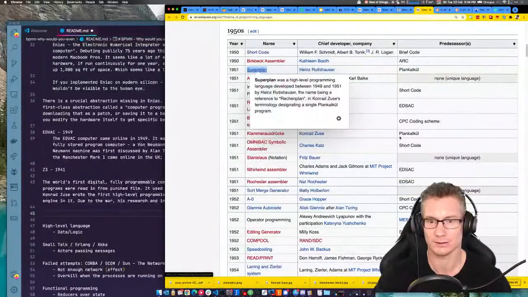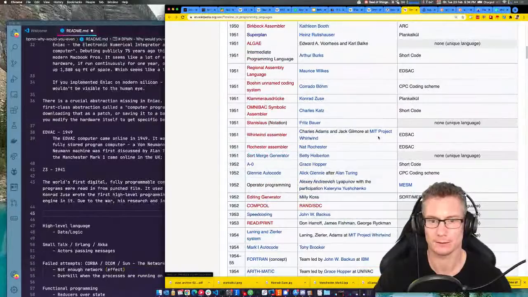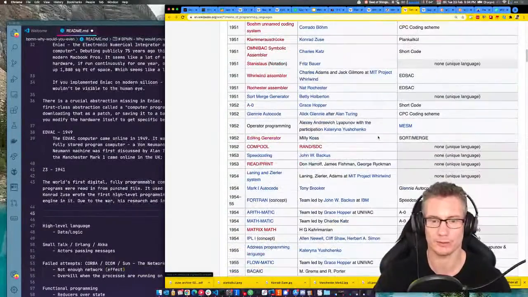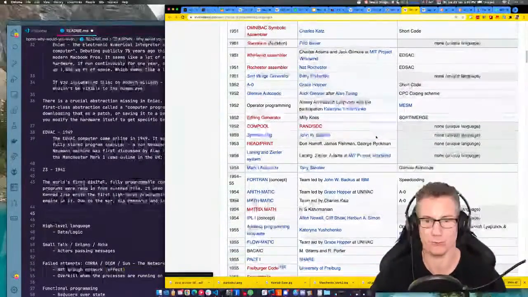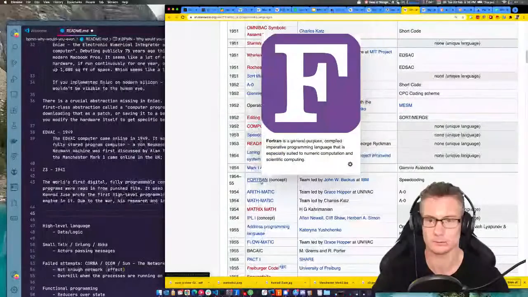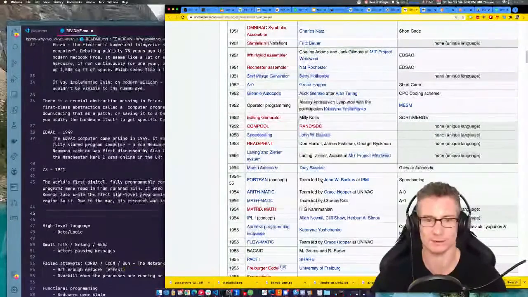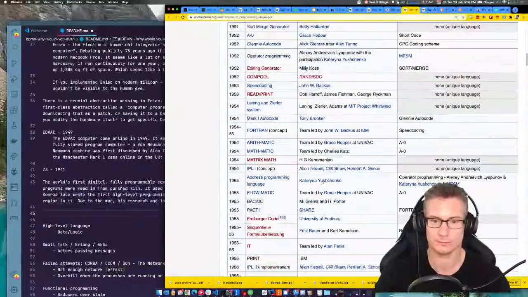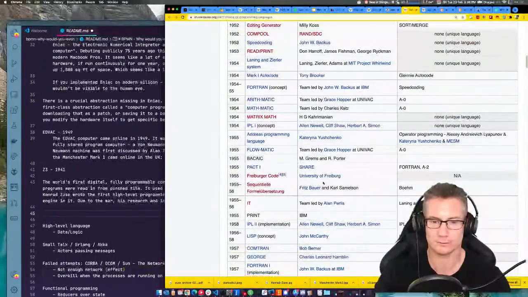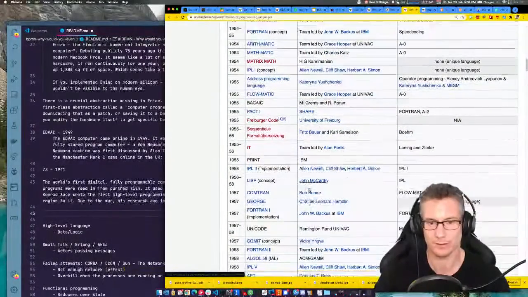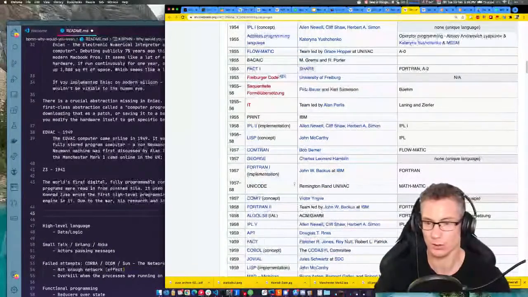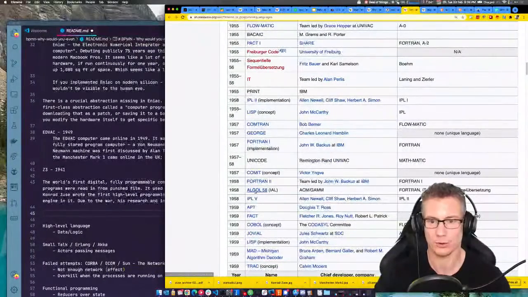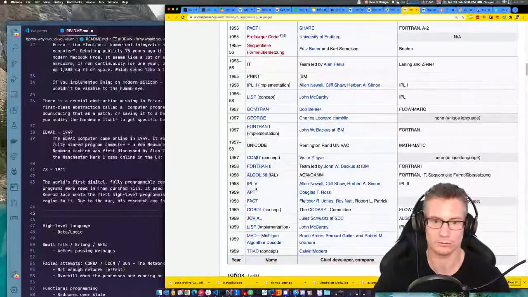Let's have a look. Operator programming. Where's the first one that I recognize? Fortran. Still going. Lisp. Unicode. Never heard of it. Algol 58. Okay, so Algol.